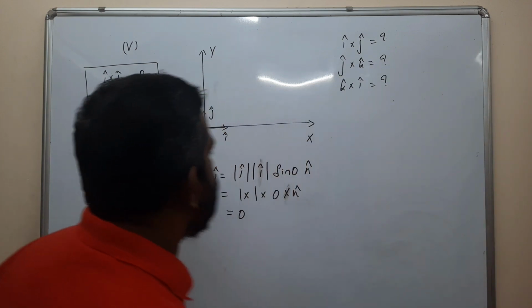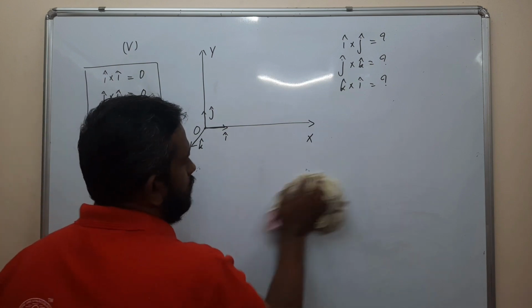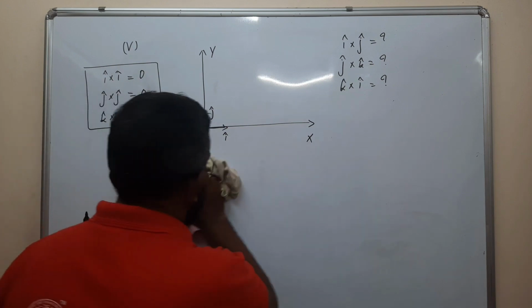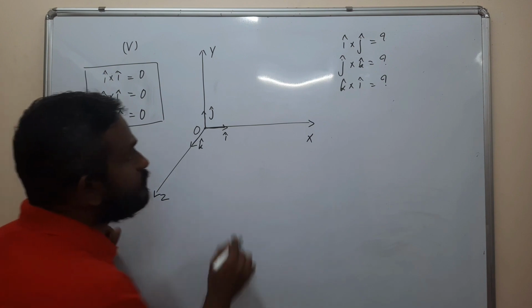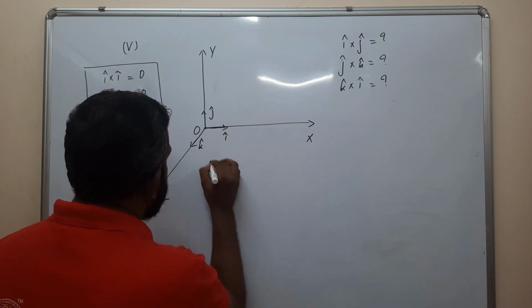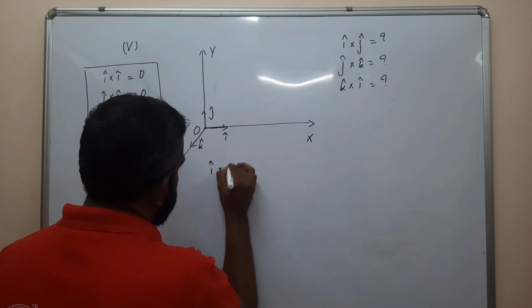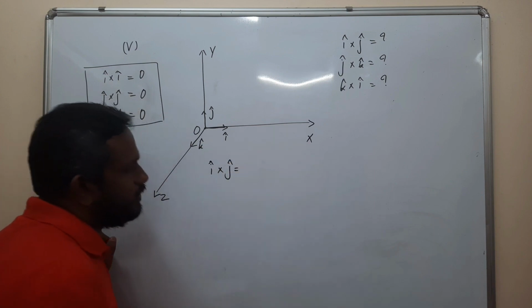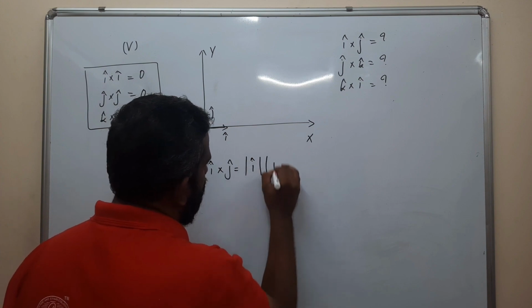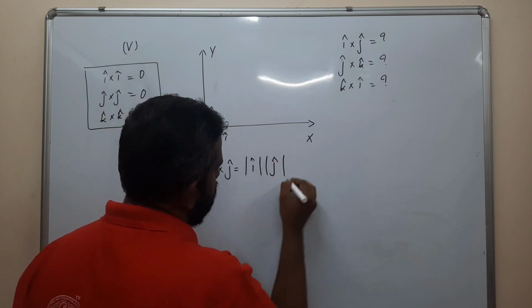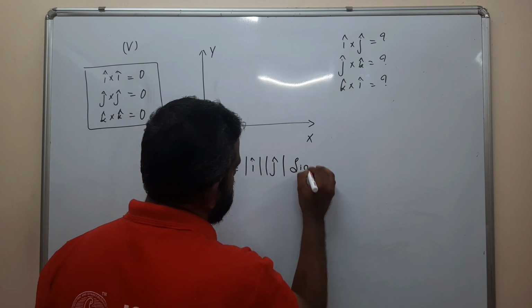So we have to find the cross product of two dissimilar base vectors. For example, I cap cross J cap is equal to modulus of I cap, modulus of J cap, into sin of the angle.